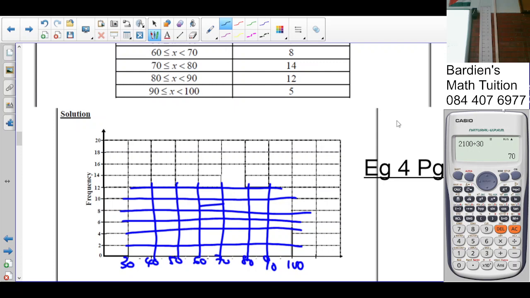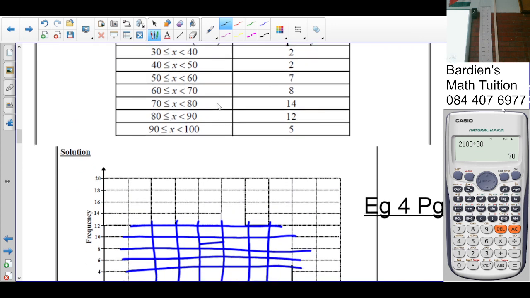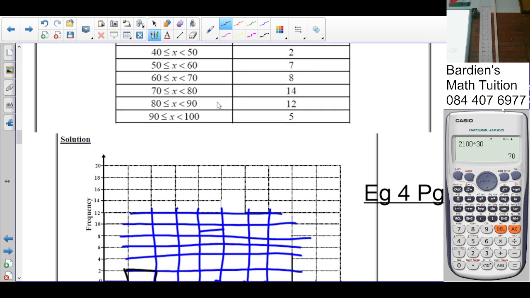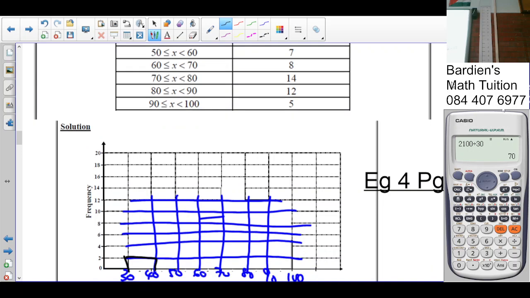So in the first category we've got 2. 30 to 40 is 2. So there is that one. And then from 40 to 50, 2. Then 7. Then 2 again. Then 7. The next one is 8, so it's on the line here. Did you guys see that? Yes.